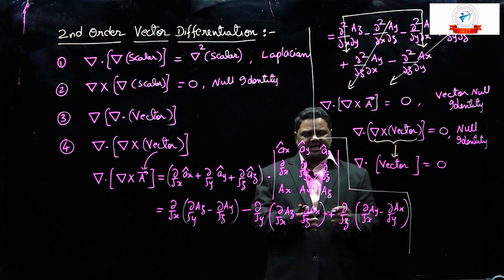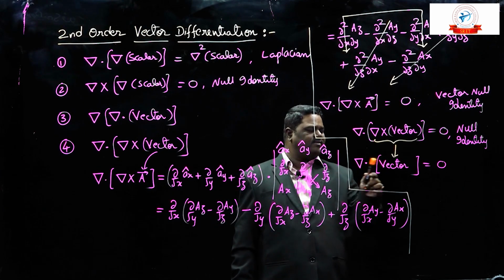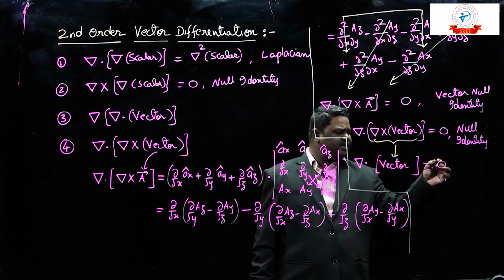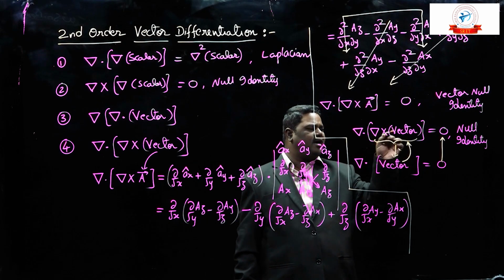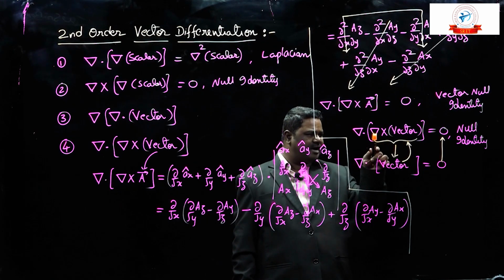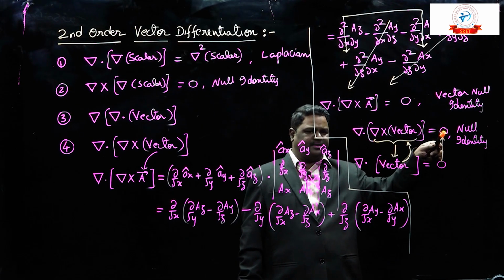From this we write another statement for null identity. Whenever you have divergence of any vector equal to 0, without changing these results, the vector can be replaced with curl of another vector. Whenever you replace this vector with the curl of another vector, it becomes a null identity and the result remains the same, 0.